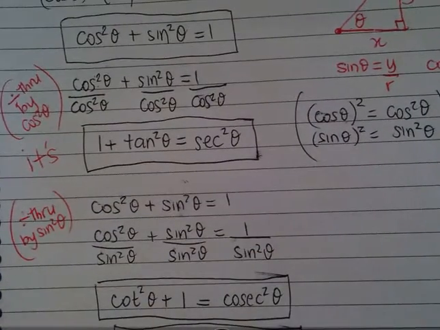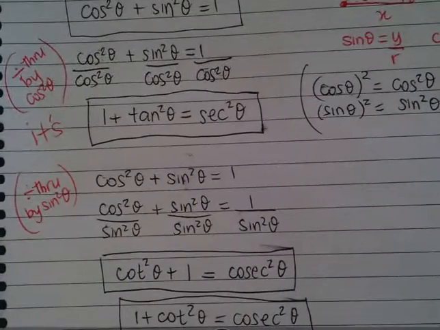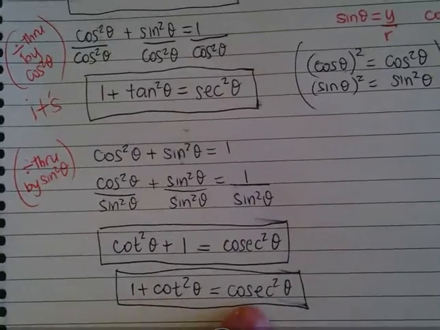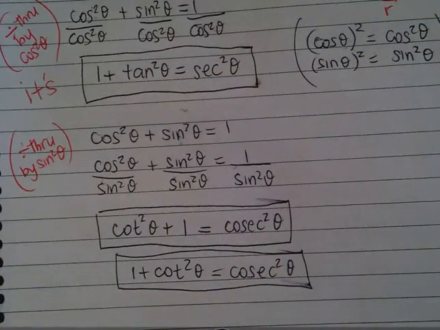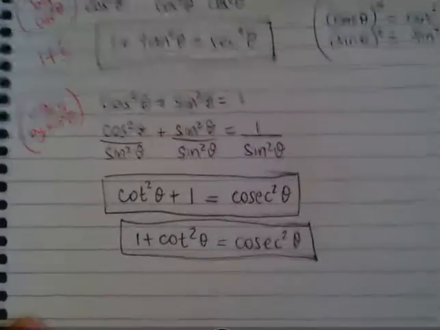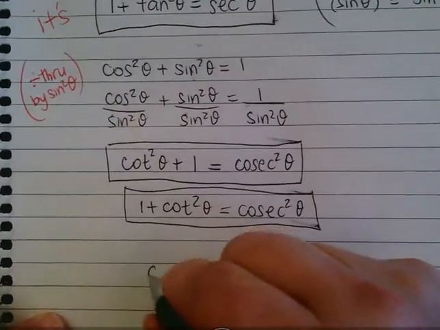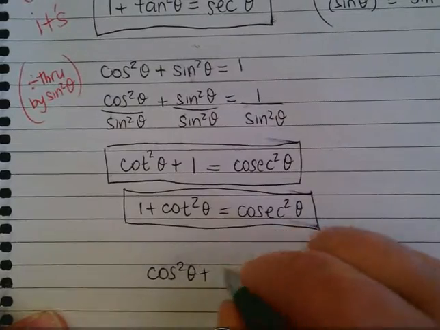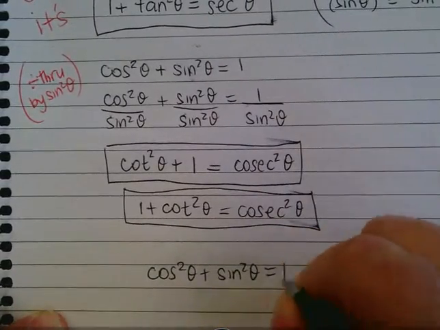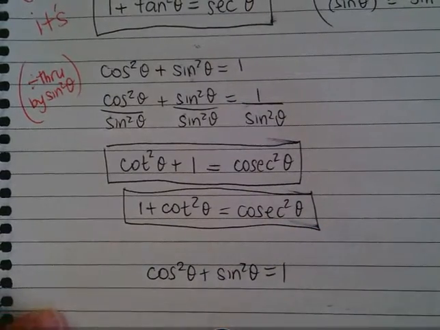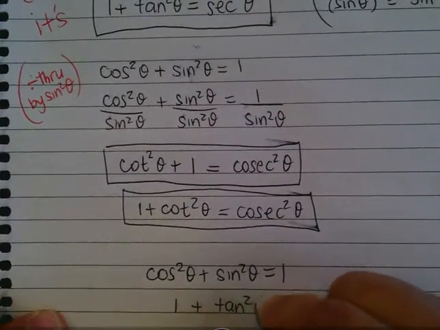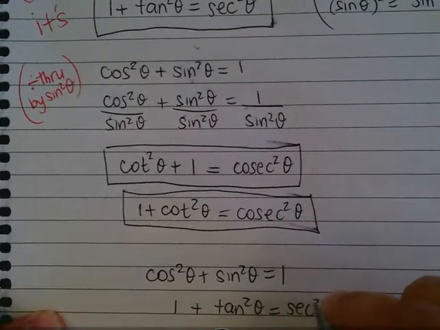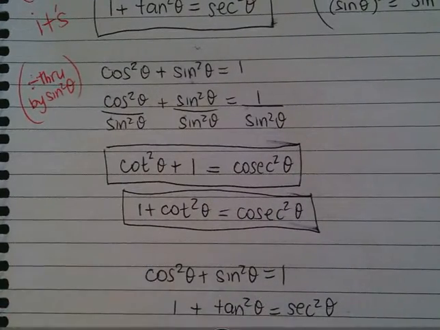Okay? So I'm going to write the 3 of them out. The way I remember it is 1 plus little c equals big C, but you can't use the cos and sine again. Do you know what I mean? So your 3 ratios are as follows. Cos squared theta plus sine squared theta is 1. The next one, it's 1 plus tan squared theta is sec squared theta. None of them get repeated.